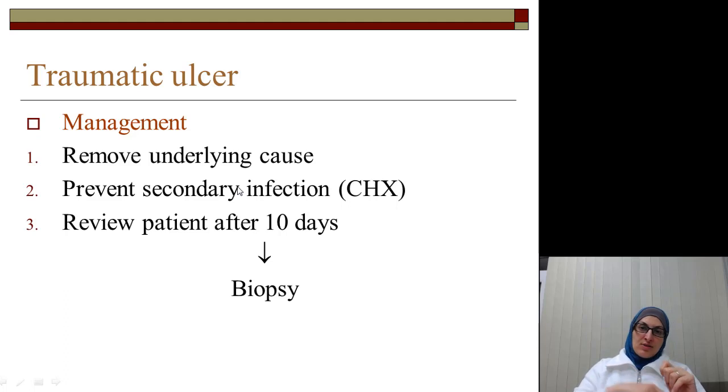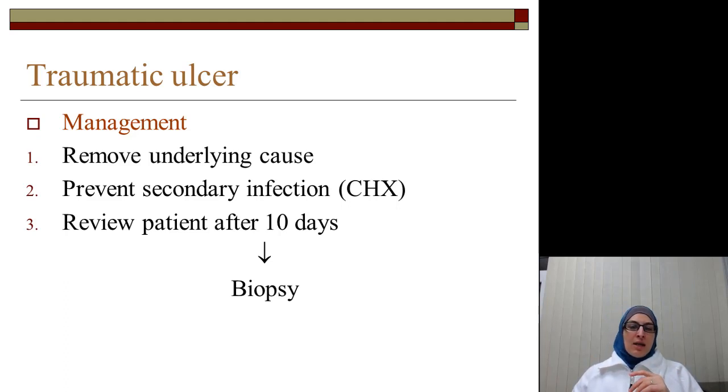You either extract that tooth if it is a hopeless tooth, or maybe you just do a correction, grinding the cusp, for example, so that it is not interfering with the tongue movement. So you try to remove the underlying cause. If the ulcer is a big ulcer, we can prescribe chlorhexidine mouthwash just to prevent secondary infection.